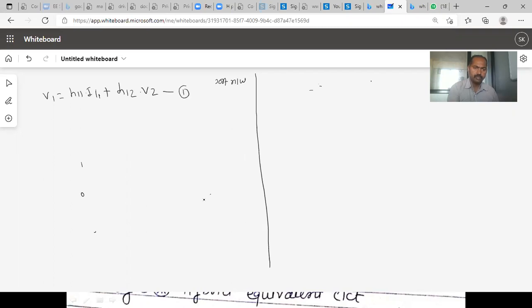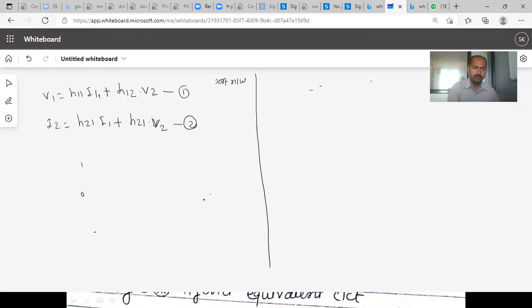Equation number 1. I2 is equal to H21 I1 plus H22 V2. Equation number 2.